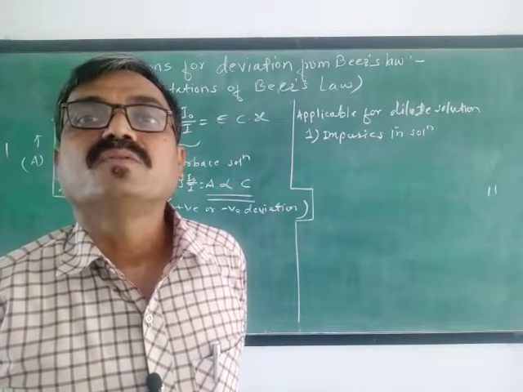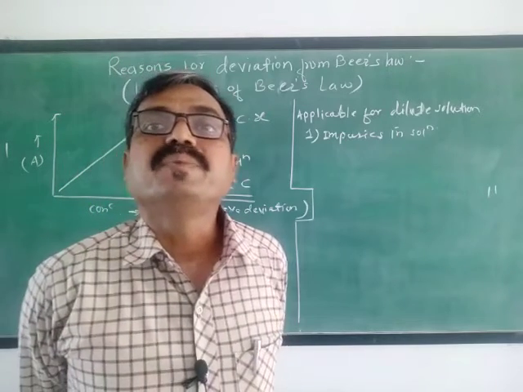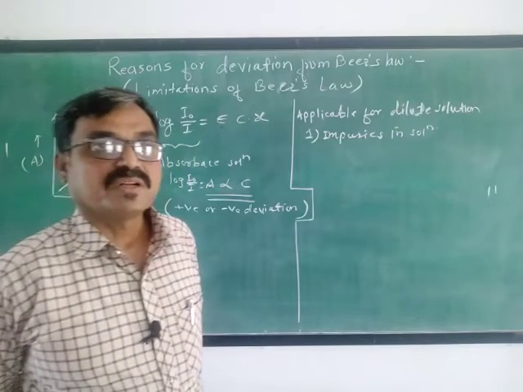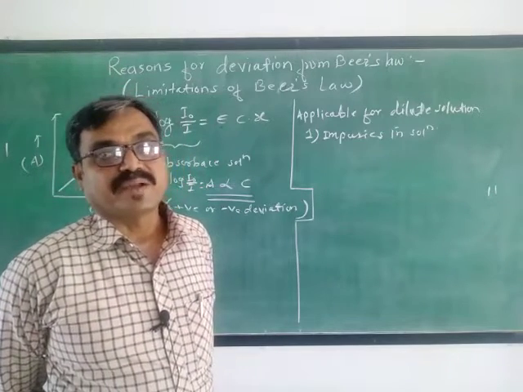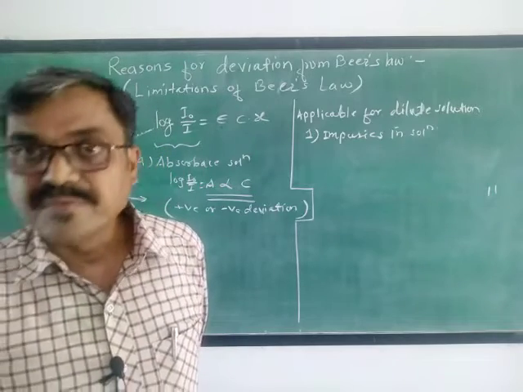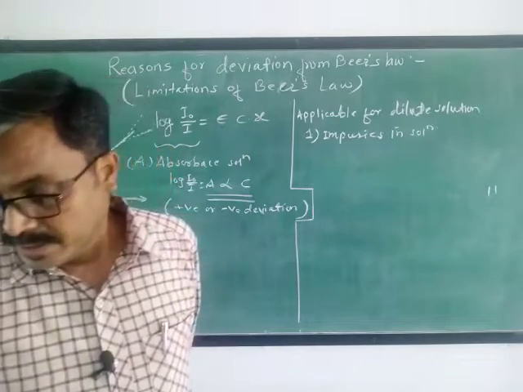That's why due to this impurity Beer's law cannot be obeyed, which means the observed value is different from the expected value.